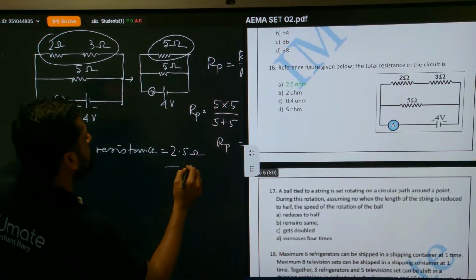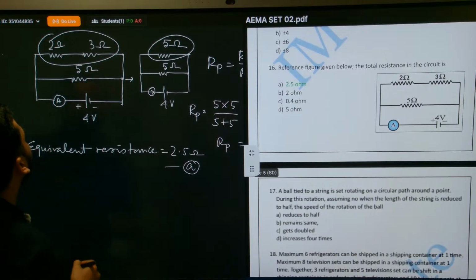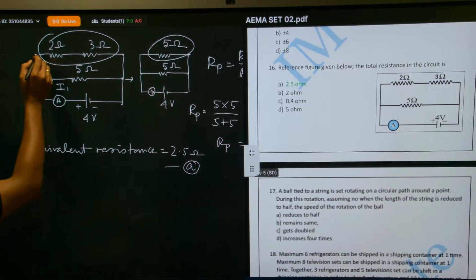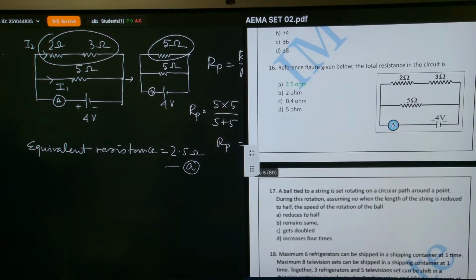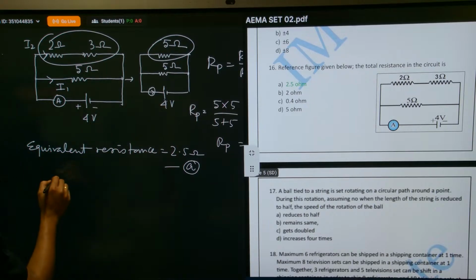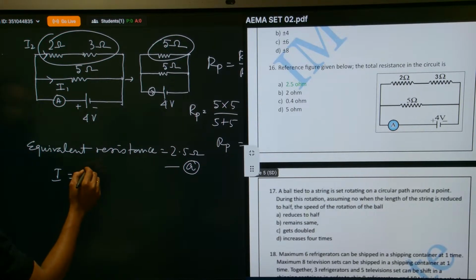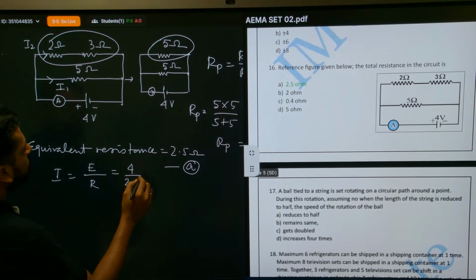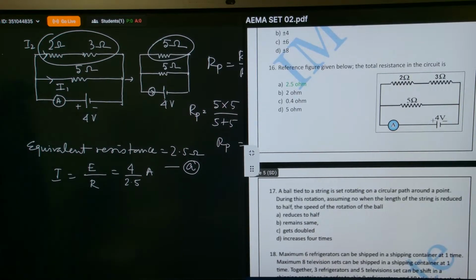Now, if you are asked what is the current through this I1, and let's say this is I2, here also current passing is I2. The very easy part: total resistance or equivalent resistance is 2.5. So current would be total voltage by total resistance, that is 4 by 2.5 ampere.